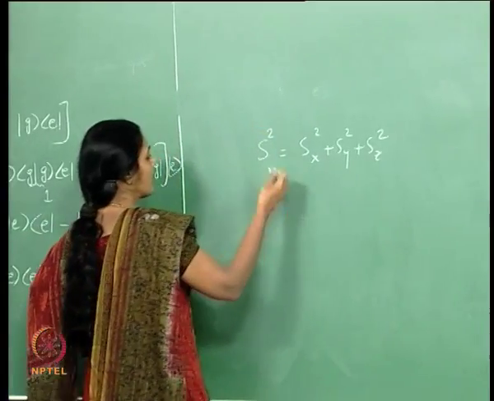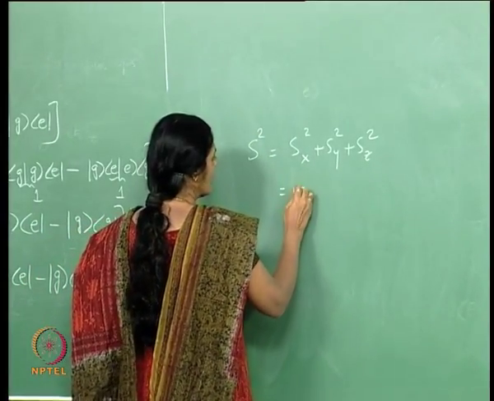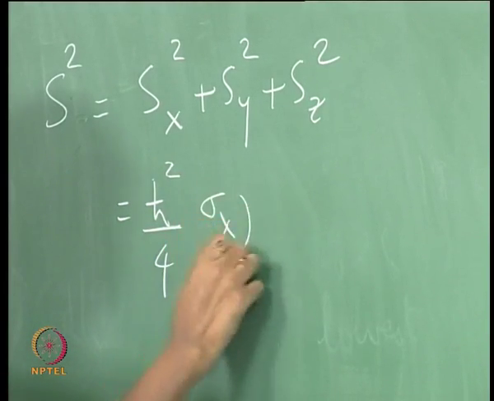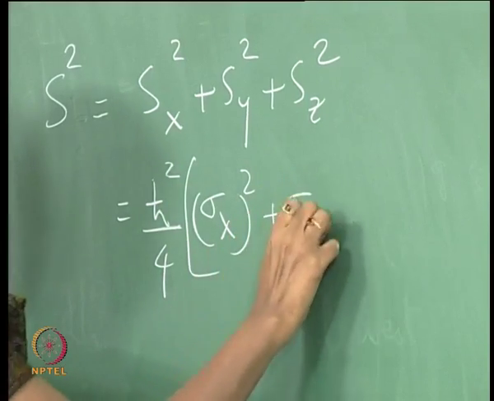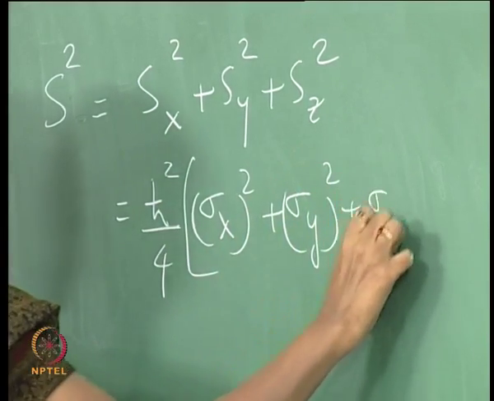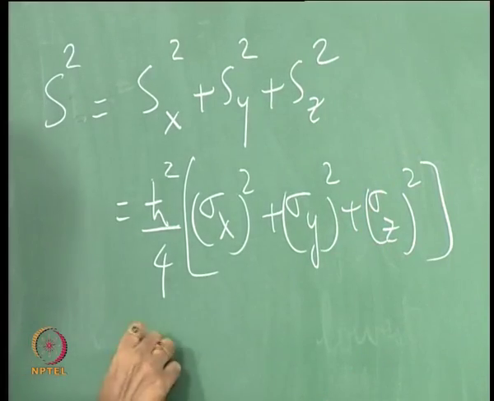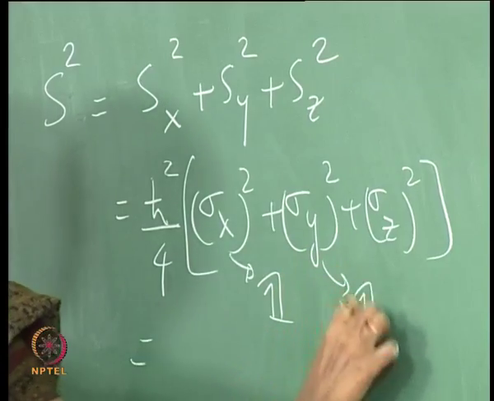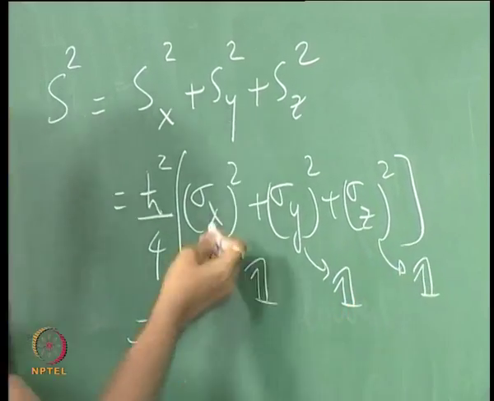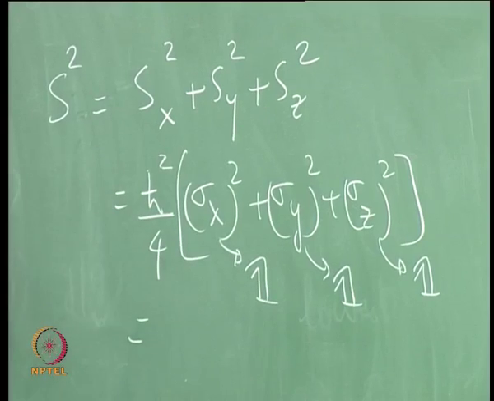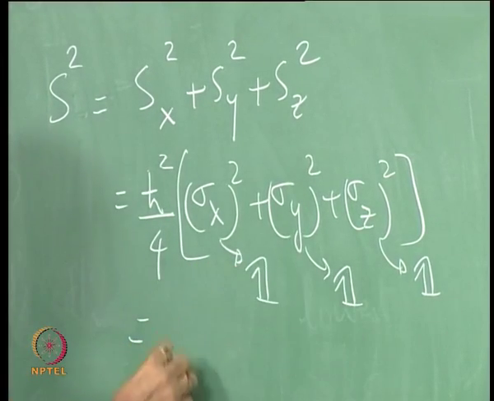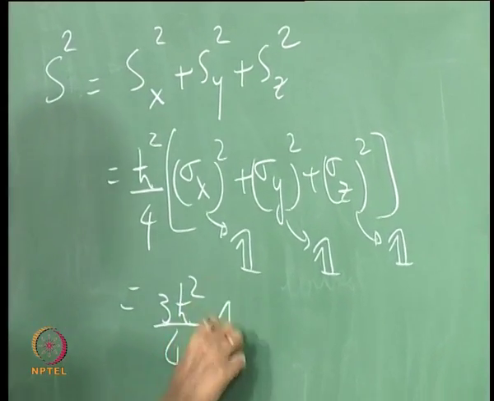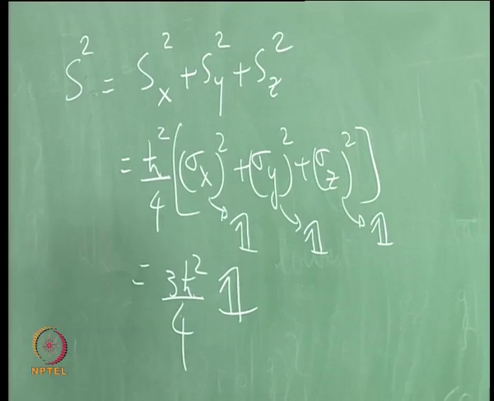The simplest way to find out what S squared is, is to realize that this is ħ squared by 4 times (σx squared plus σy squared plus σz squared). But each of them is the identity operator. You can explicitly check this by putting in the matrix representations for σx, σy and σz. Therefore, S squared is 3ħ squared by 4 times the identity operator.